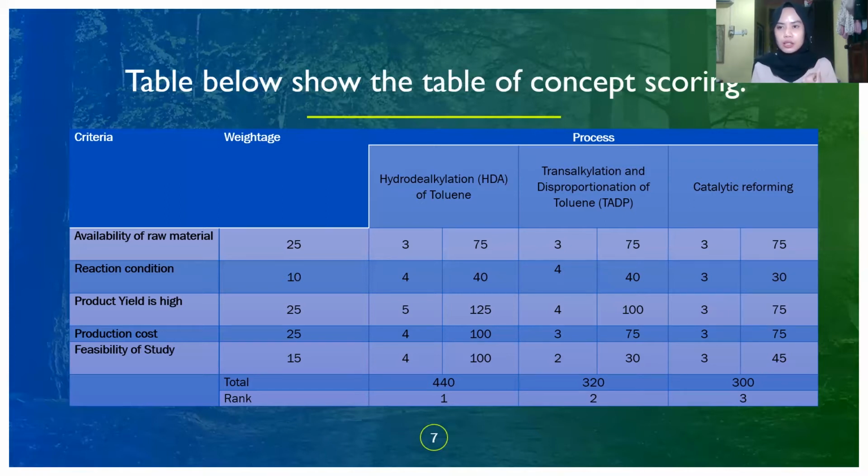From this table, it shows that HDA is ranked first as the best process for producing benzene, while TADP is ranked second, and lastly, catalytic reforming is in third place. From this table of the concept scoring, we can see that HDA is the best process that we will choose to produce our product, benzene.